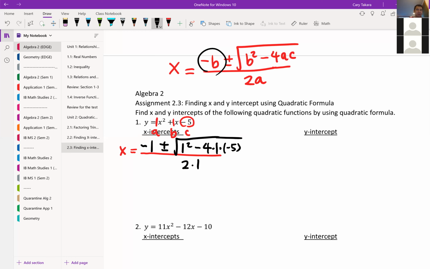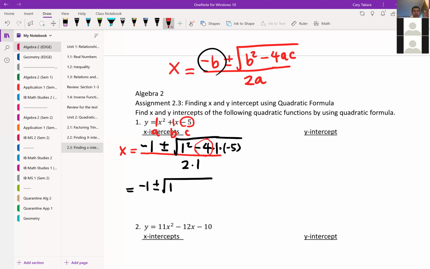So let's simplify that. 1 squared is still 1. Minus 4 times, again, this is where 90% of the mistakes occur. It's what to do with this -4. Just treat that as -4 always, okay?